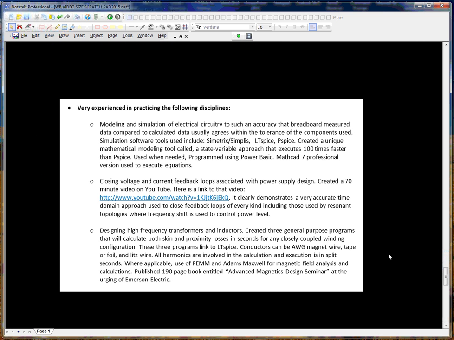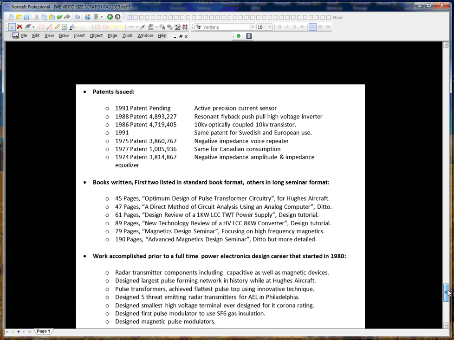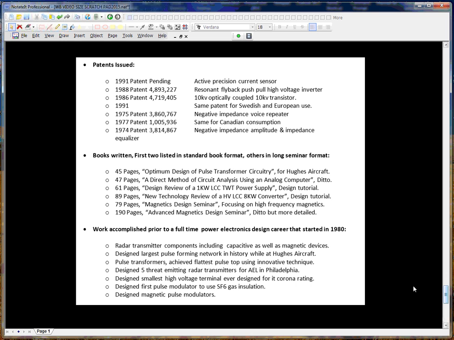You can take a look at my excerpts from my resume. The only reason I'm showing these to you is to give you some ideas for topics. Modeling and simulation, a very strong field. Closing feedback loops is another, and designing magnetic devices is another. Some of my accomplishments include these patents in the communications field as well as the power field.